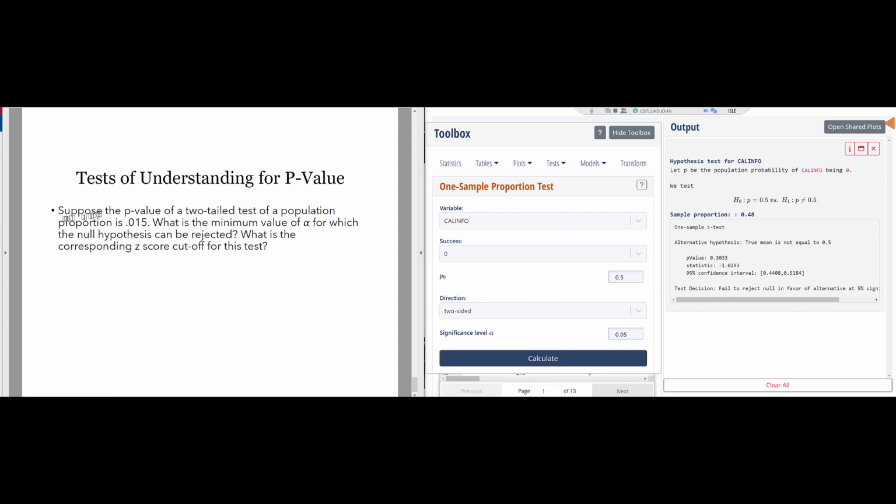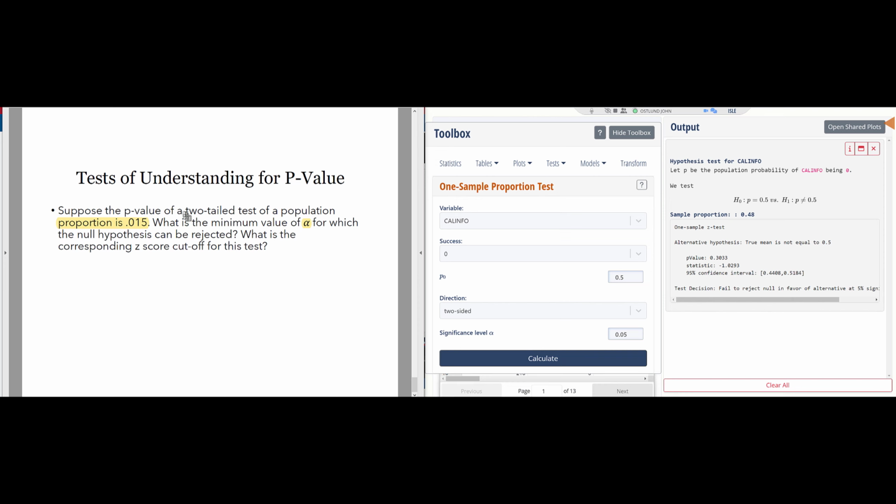Okay, so suppose that we compute a t-value for a two-tailed test, and the p-value is 0.015. What is the minimum value of alpha for which we're going to reject the null hypothesis?